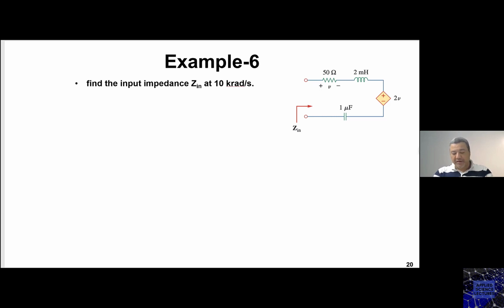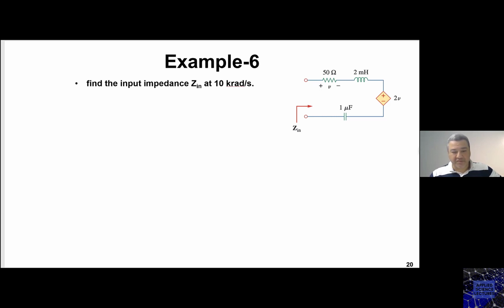Okay, so here in this example, we need to find the input impedance for that circuit. So we need to find the input impedance for this circuit that has the dependent source, as you can see here.